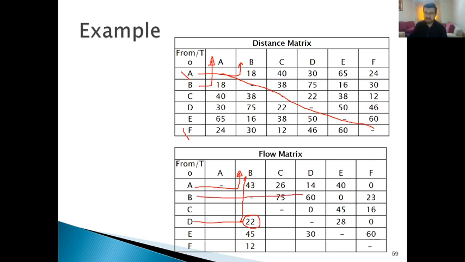From B to D, 60 pallets of products are transported in a day. So these numbers actually show or are related to the number of trips, the number of units moved between every pair of departments. So they are actually a kind of weight.